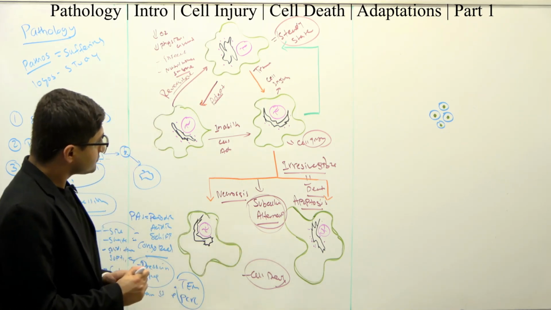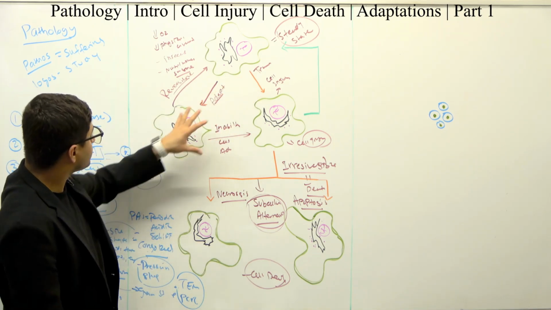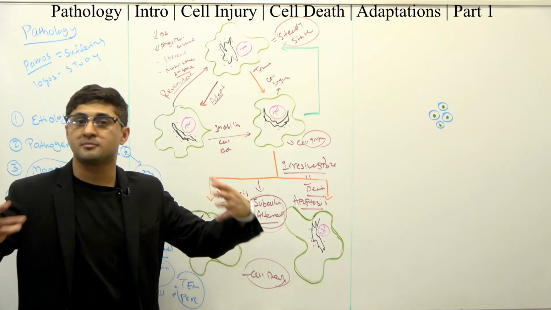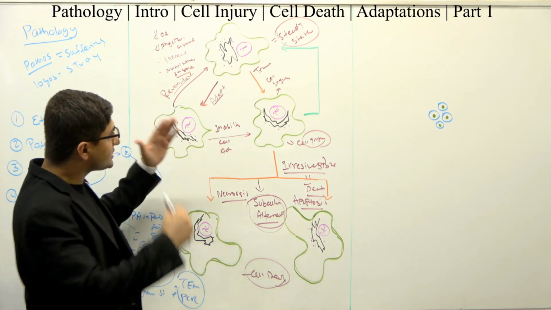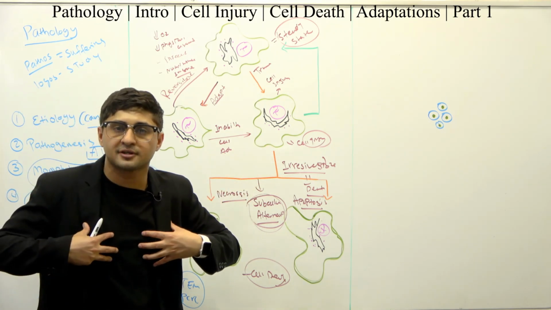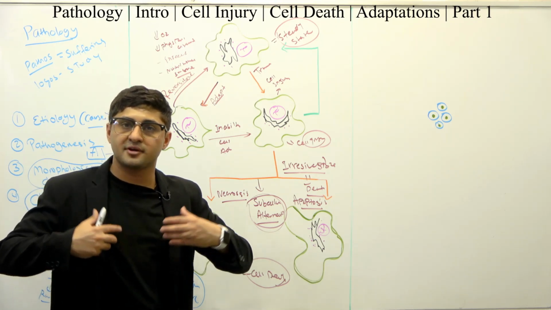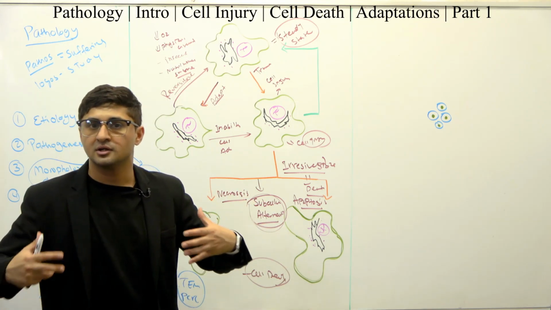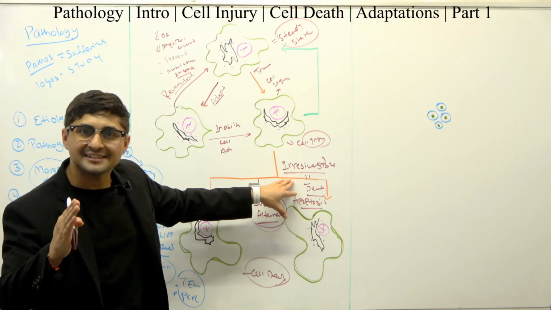But remember again, if there's a stress here, the cell can adapt by increasing its size, shape, and the number of cells. That's how it can adapt, right? And then if the cell is injured for a very long period of time, or the cell doesn't have the capacity to handle it, or to adapt, or to regrow, increase in size, or multiply, then the cell will go into an irreversible reaction, meaning it is choosing the death pathway.